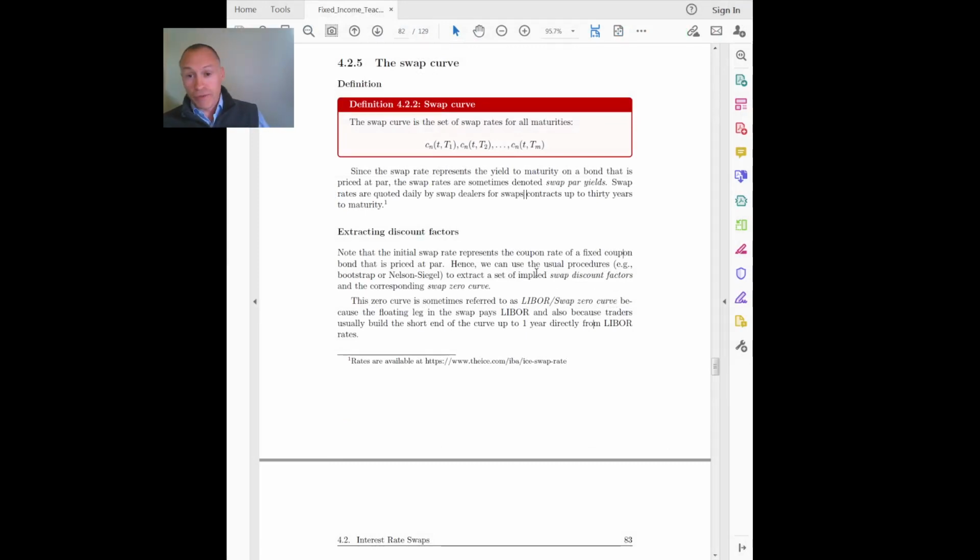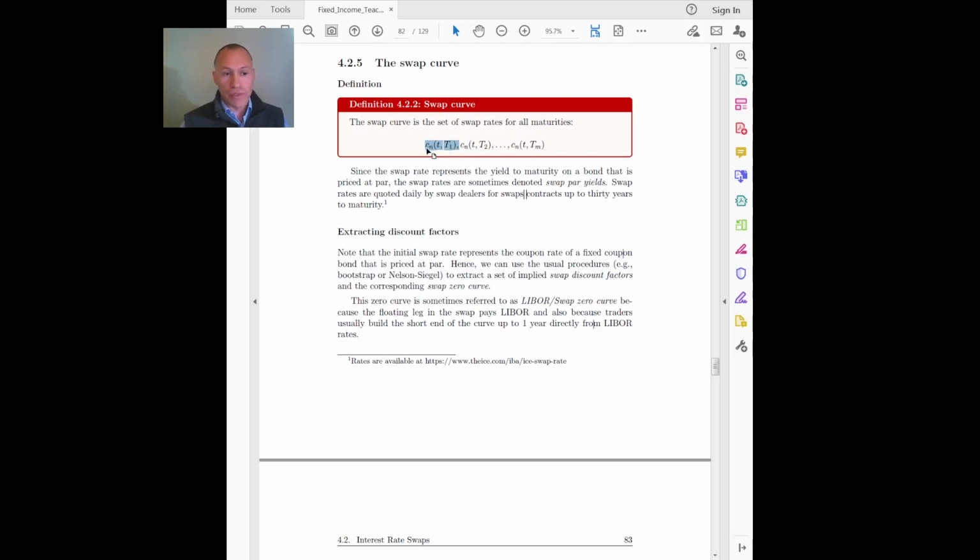For reasons that will become clear in a second, we want to extract the discount factors that are implied in those swap quotes. As we saw in the previous video, that C that we computed is the coupon rate on a fixed rate bond that is priced at par.